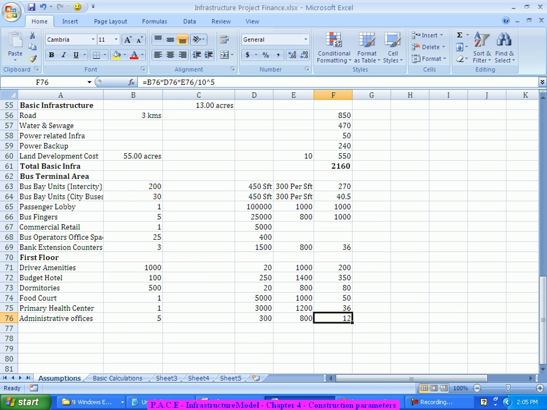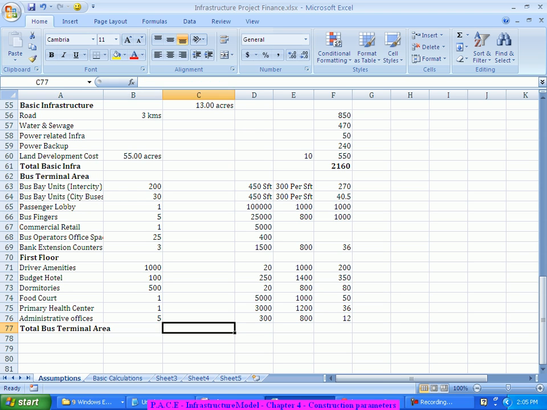Now, first thing that may be required to understand is, okay, there are a couple of things which you have not got into in the development. You want to give it to someone else. So probably at a later date, if you want to get into the development of this, what could be the cost and the revenues which you may get out of them? Right? So at least the cost now. So I'll put it as total bus terminal area cost.